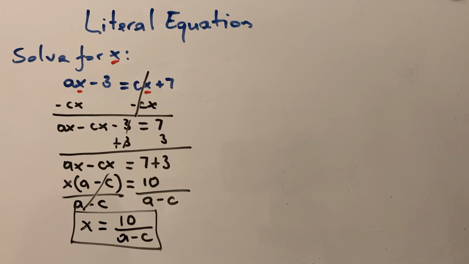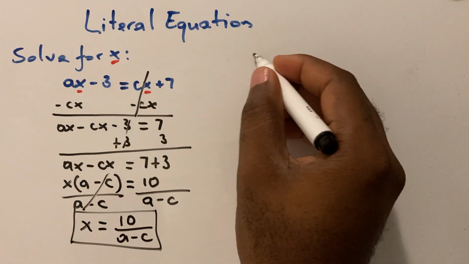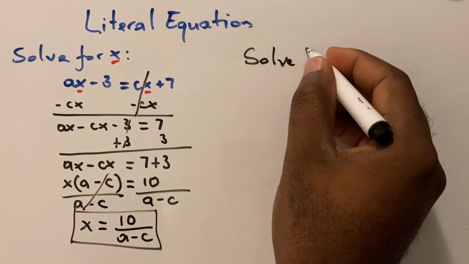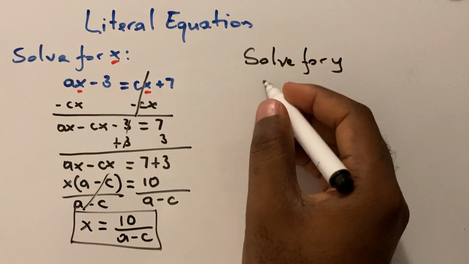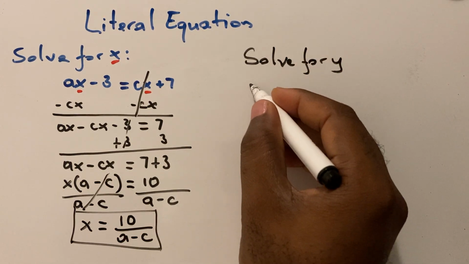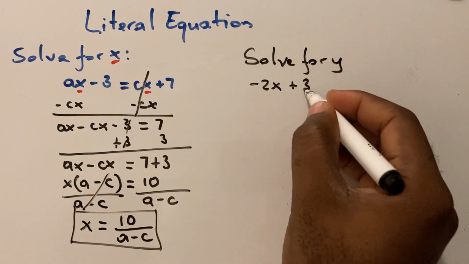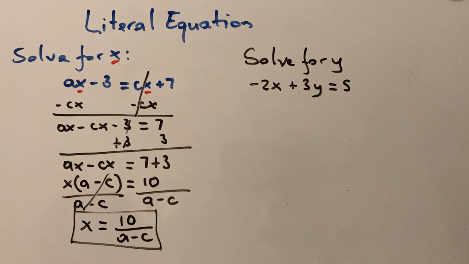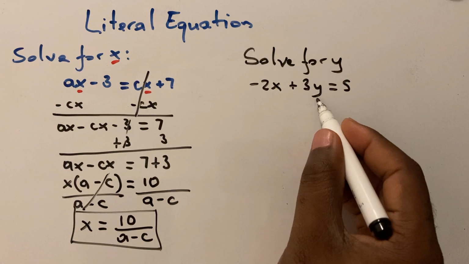Let's say you have to solve for y, and you have this expression: -2x plus 3y equals 5.